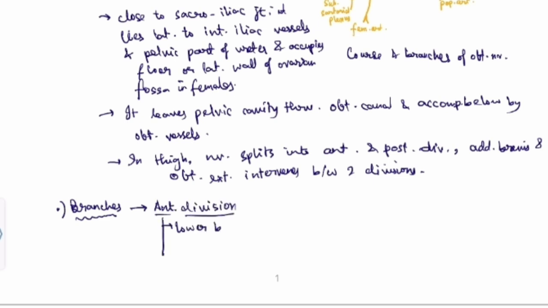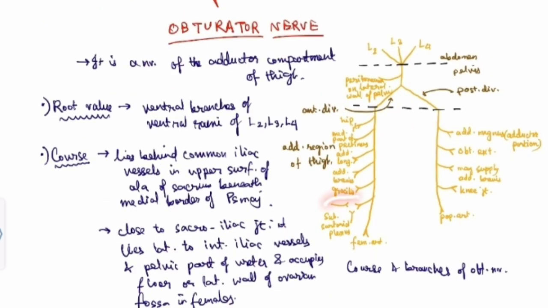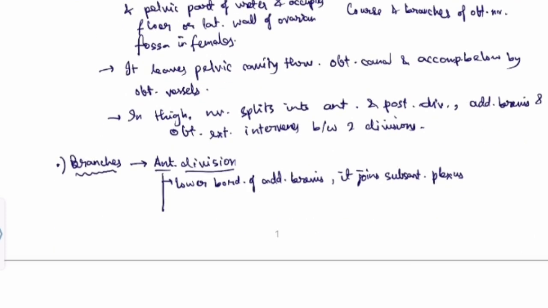Lower border of adductor brevis, it joins the subsartorial plexus. I hope you remember in the class on the adductor canal, it was shown that in the roof of the adductor canal there is a subsartorial plexus, which usually gets a branch from the anterior division of this obturator nerve. Close to the obturator canal, it gives articular twigs to the hip joint.